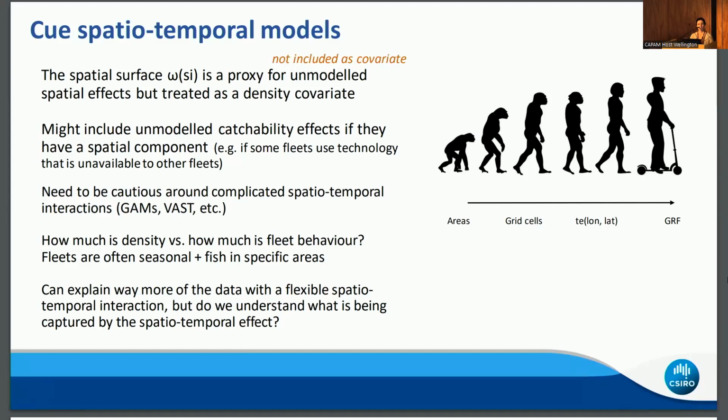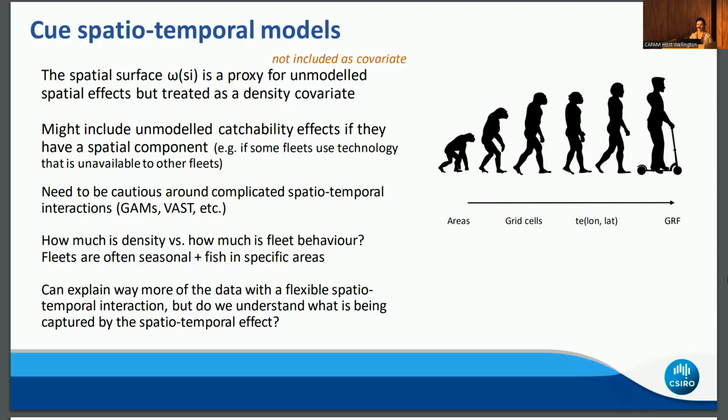So if you have some unmodeled catchability effects in your system that have a spatial component and are not part of your final model structure, it could still get included in your spatial effect and treated implicitly as a density covariate. You also need to be cautious about the introduction of complicated spatial-temporal interactions. So that's true for GAMs and for VAST. Because again, it's hard to control how much of the interaction captures density versus fleet behavior.